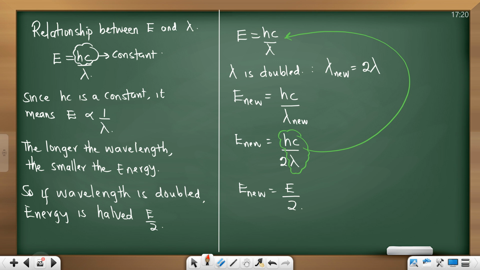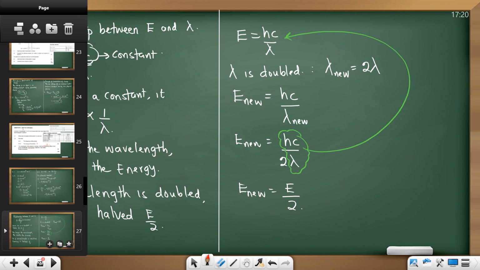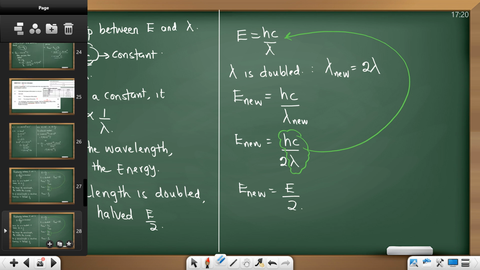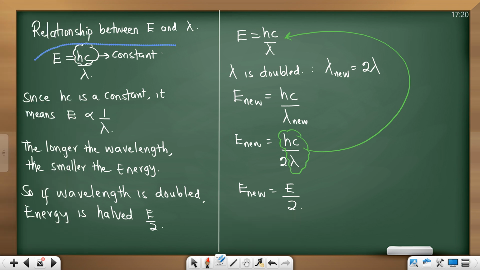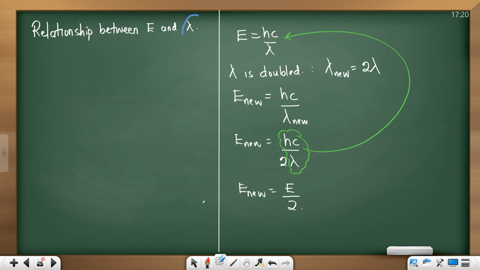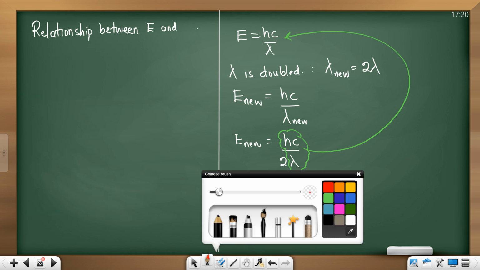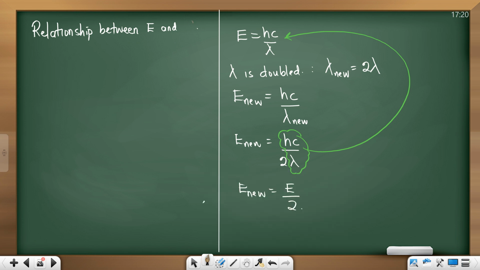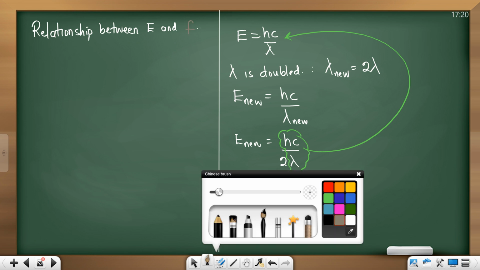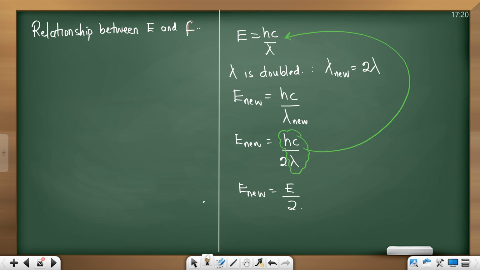What about frequency? Relationship between E and frequency. You use the formula. Oh, that is a constant.